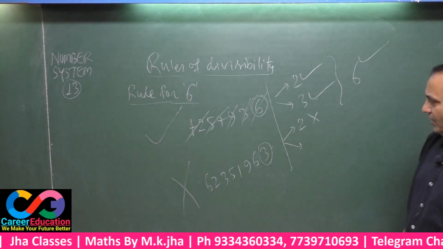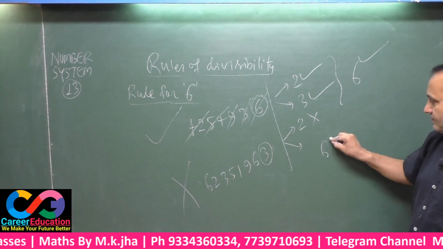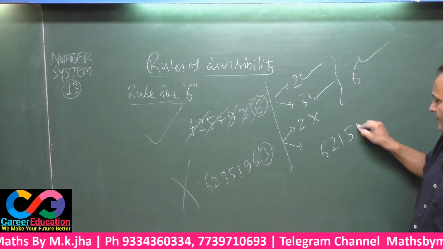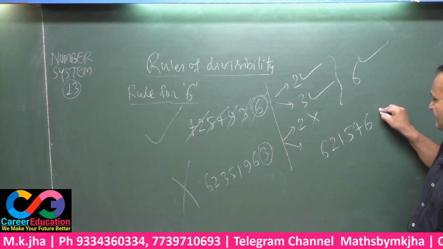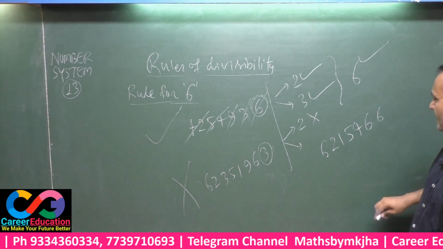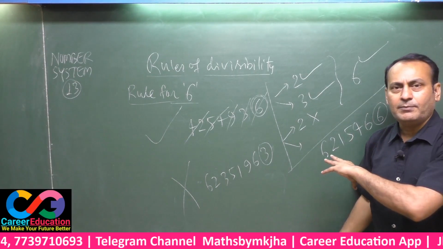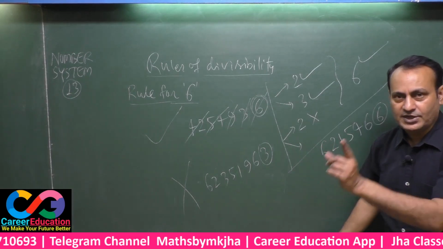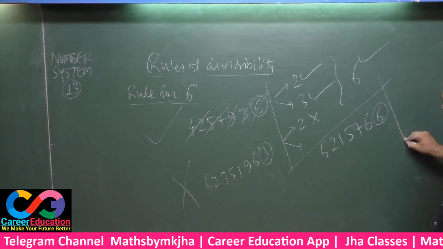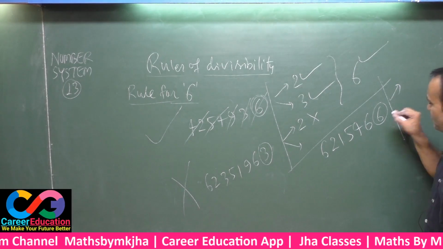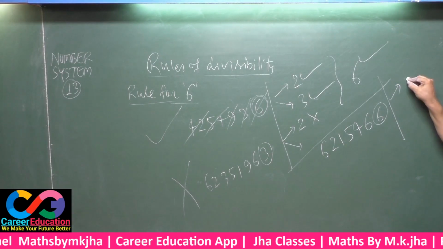Okay. Another example. You have to judge whether the given number is divisible by 6 or not. Firstly, seeing the unit digit, you are okay.